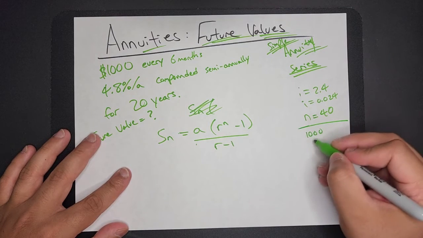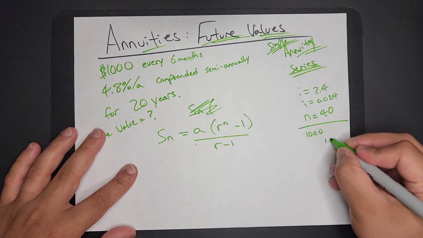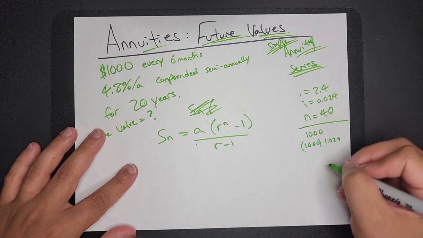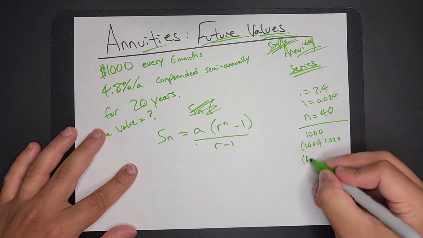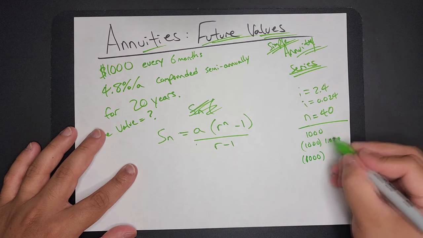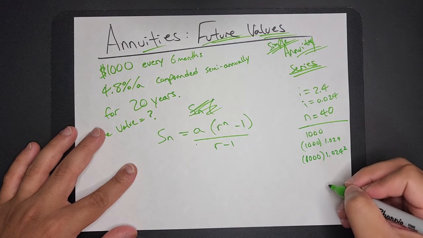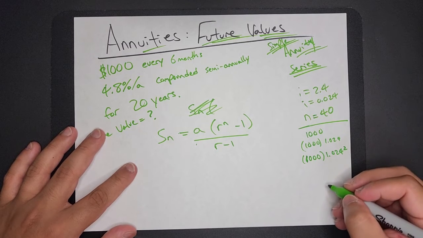You start off with 1,000, then the first compounding interest that happens, you multiply by 1.024. And then the next time you do it, the third term is going to be whatever this value is multiplied by this again. And then again, and again, and again, until you get to here.